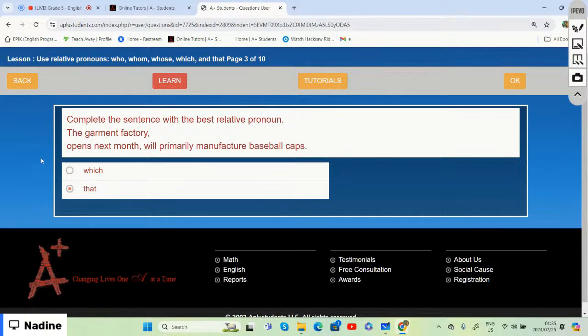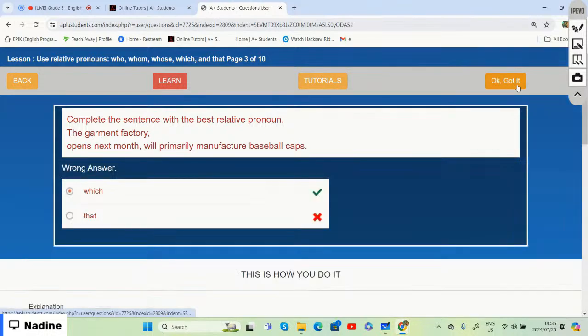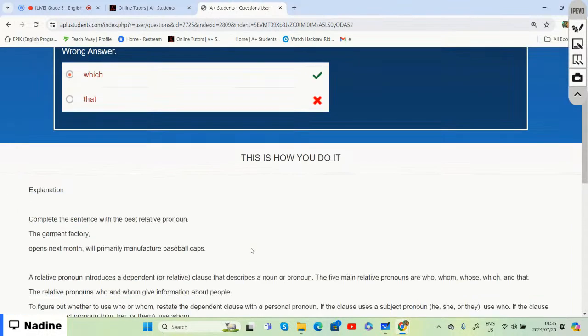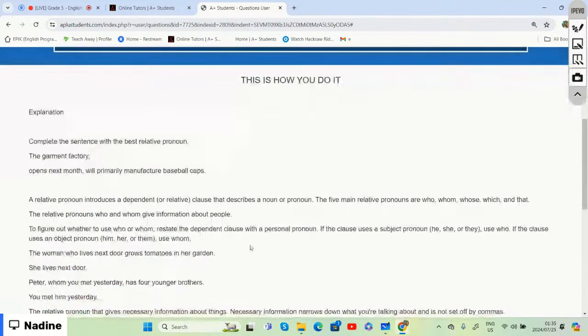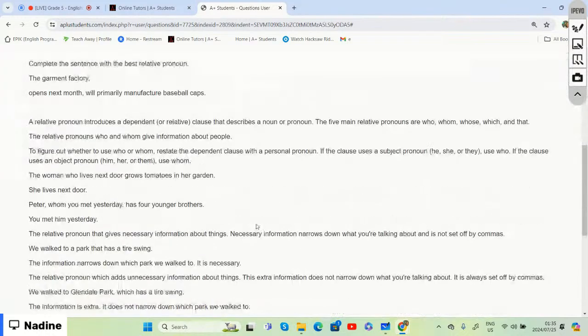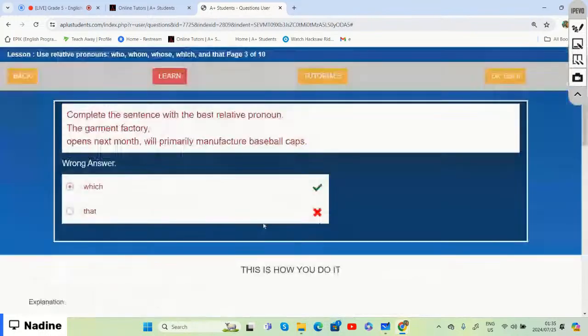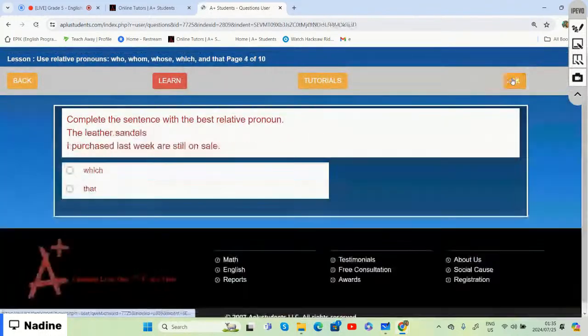So it is which. Here it is which, not that, right? So well done to the ones who chose which. It is the garment factory, which, and not that.